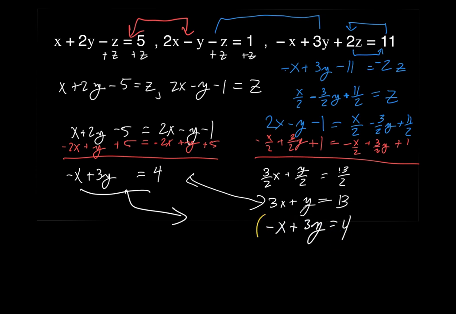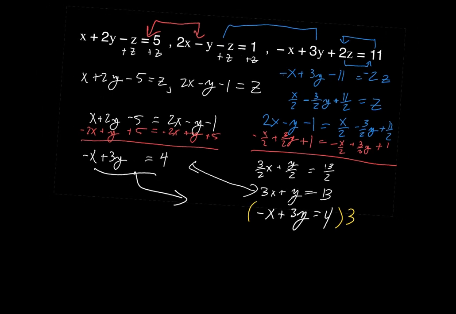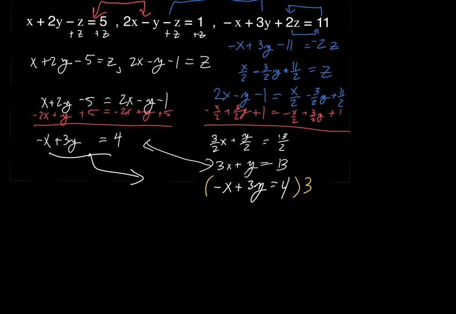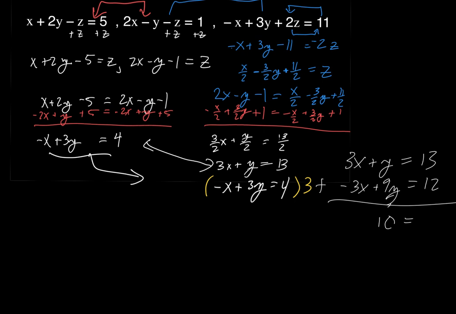If I multiply this whole equation by 3, I'll have 3x plus y equaling 13. I'll have negative 3x plus 9y equaling 12. Add those equations. 10y equals 25.